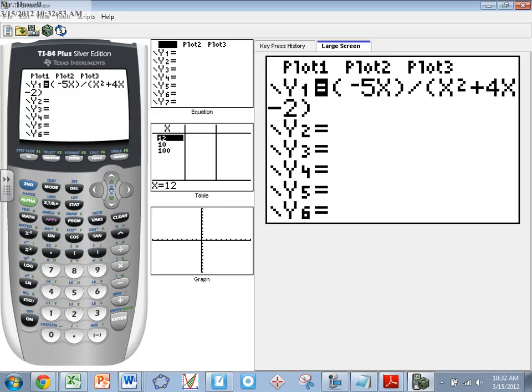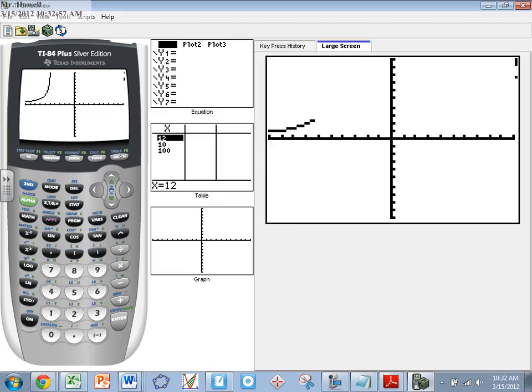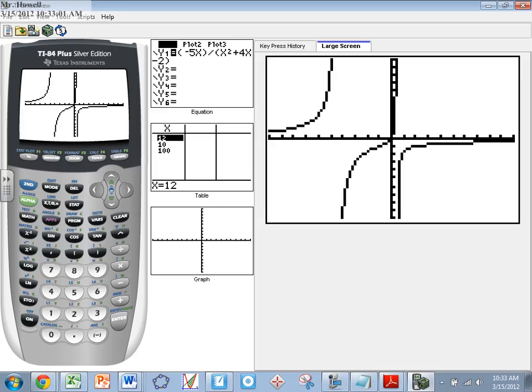Yes, and that's going to look weird. That's what I want to talk about. It's going to look a little bit funky here. I just said error. Wait. You might have used the minus sign instead of a negative sign. When it says error, hit go to. You have to put a negative sign instead of a minus. It's right up here. I think you put a minus sign here instead of a negative.